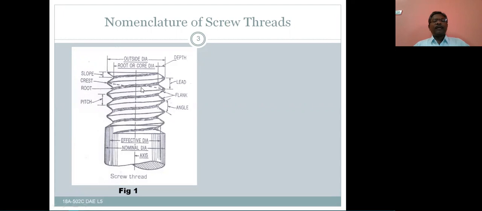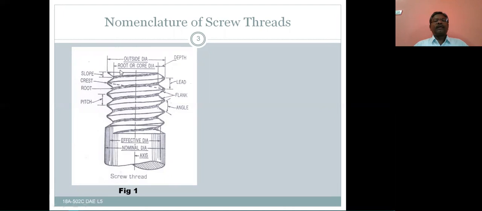Now here the diameters: number one is the root diameter, that means from root to root, the distance perpendicular to the axis is called the root diameter, or also called the minor diameter, or core diameter. Whereas the other diameter is the outside diameter, that is crest to crest distance perpendicular to the axis.